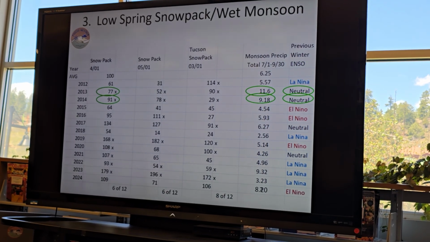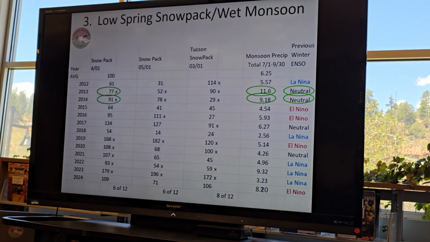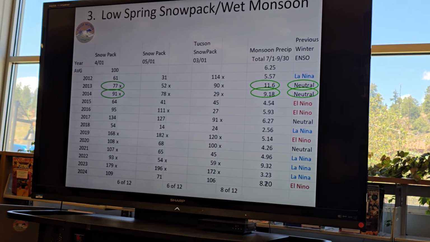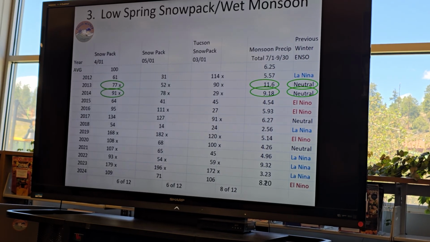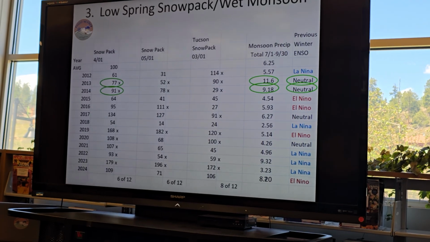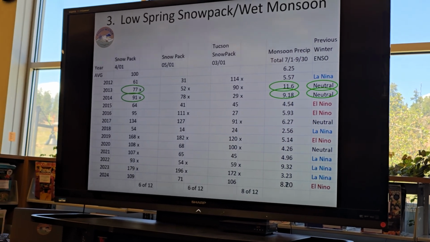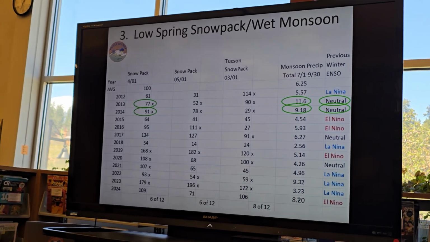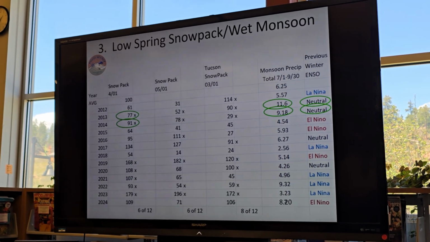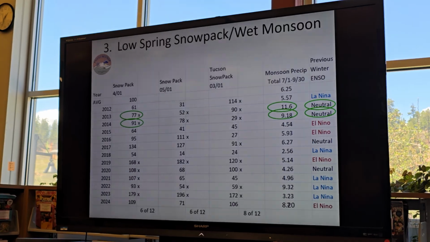And then in 2014, we were neutral and we only had 91% snowpack in April, and it was 9.18 inches. So when you think about last summer, that was good, right? And that was like 8-point-something inches. So based on this little correlation, we should have above average monsoon.